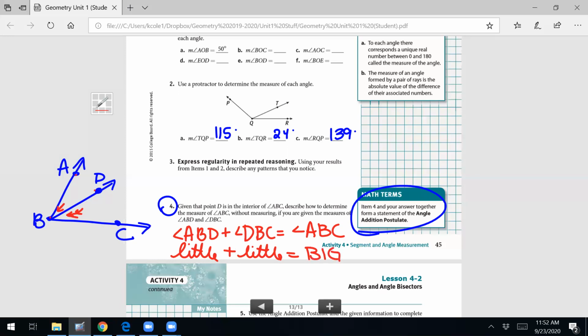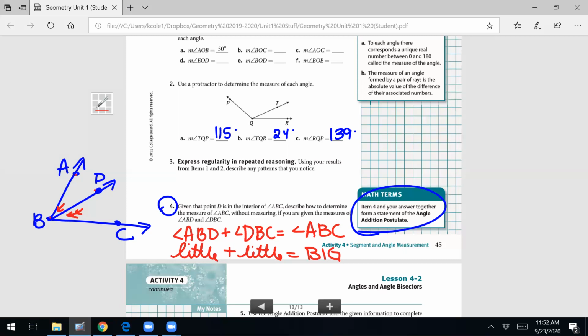And that is for any angle, okay? Any angle will work that way. It doesn't have to be acute or obtuse or right or anything specific. It's for any angle, and that's how you would use the angle addition postulate.